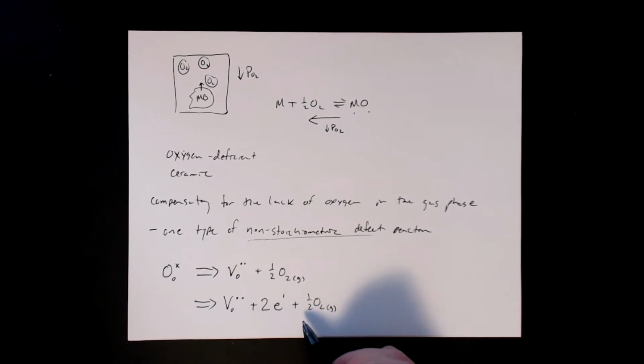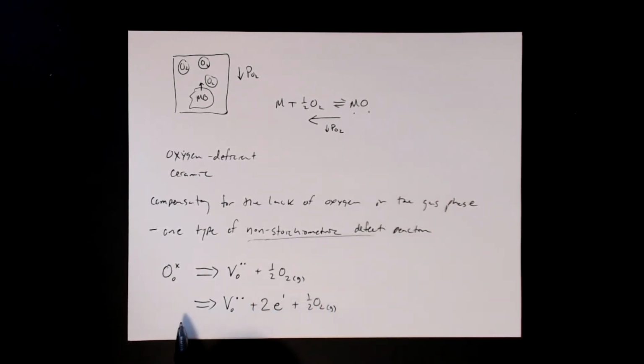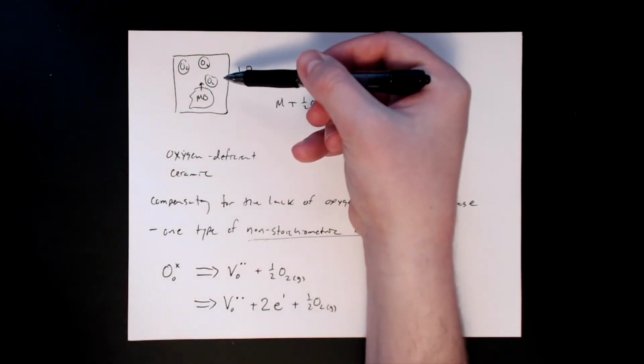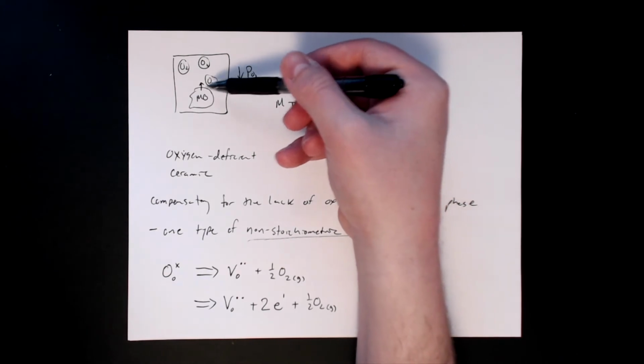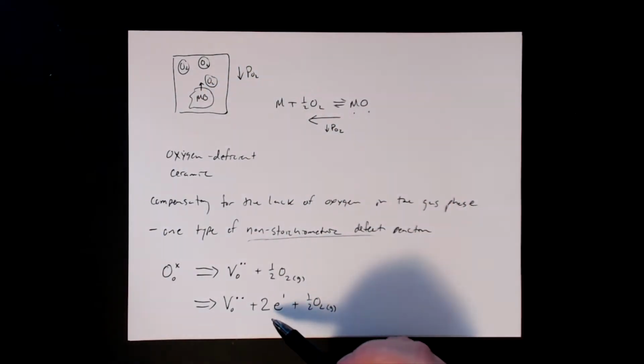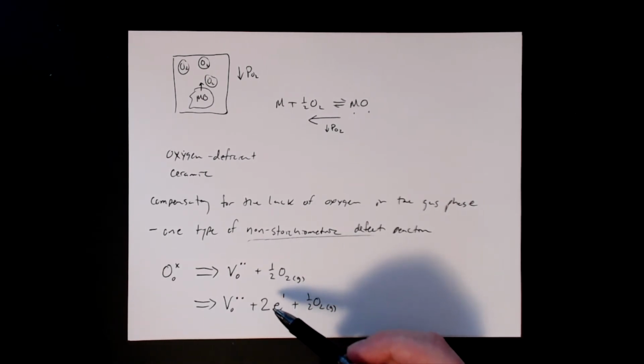And so what happens is that by this kind of reaction, if this happens in this low partial pressure environment, we know we get oxygen in the gas phase, but along with that, we're going to leave behind a vacancy, and it's also going to give us 2 free electrons, and these can easily be promoted to the conduction band and cause electrical conductivity.